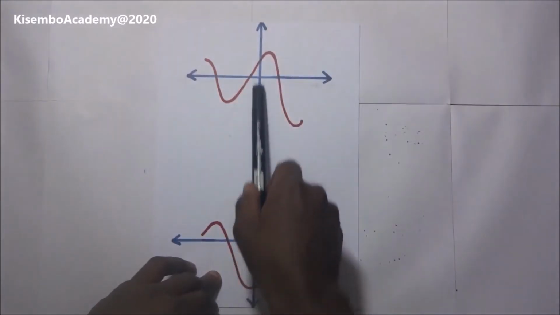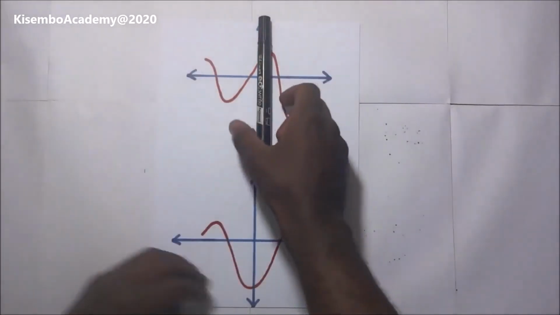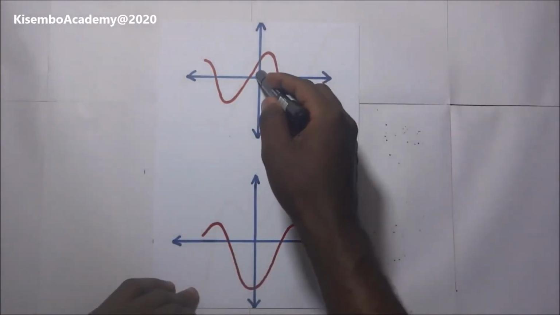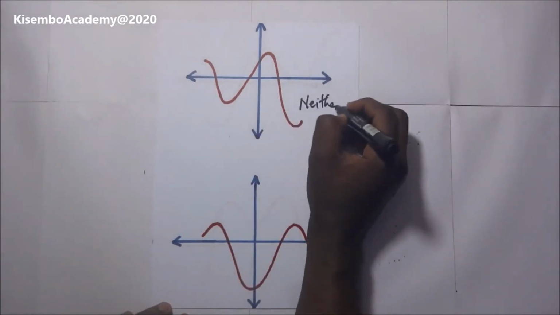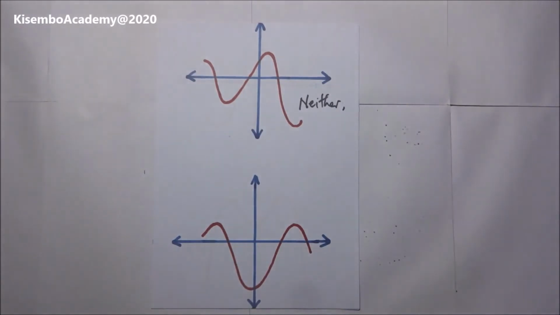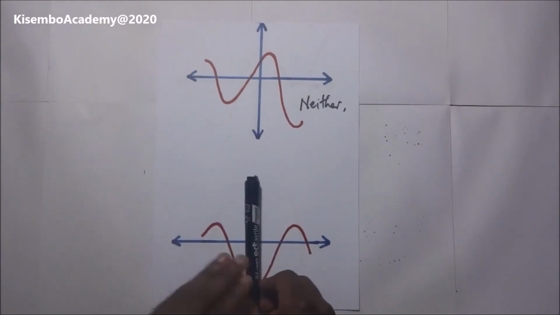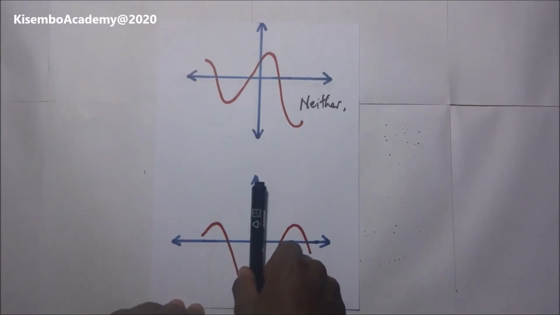It's not symmetrical about the y-axis. In other words, this y-axis is not splitting it into two equal parts, and also it's not having a rotational symmetry about the origin. So this one is neither odd nor even. Looking at this one, the y-axis splits it into two equal parts, meaning it's having a symmetry about the y-axis.